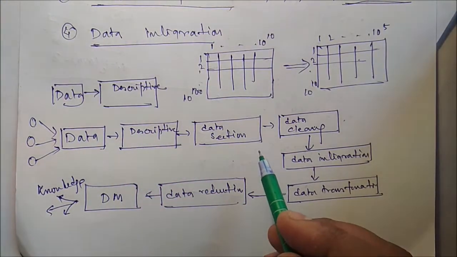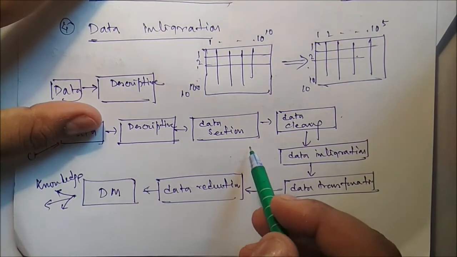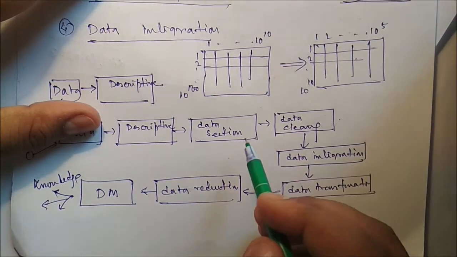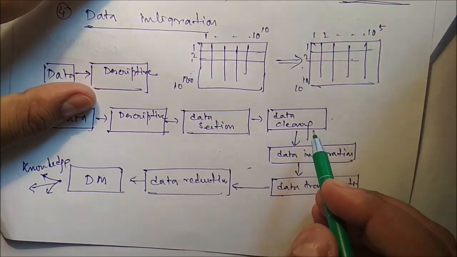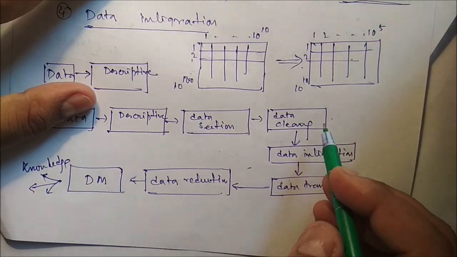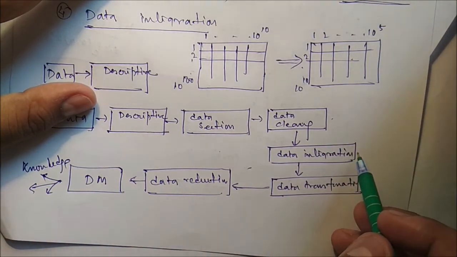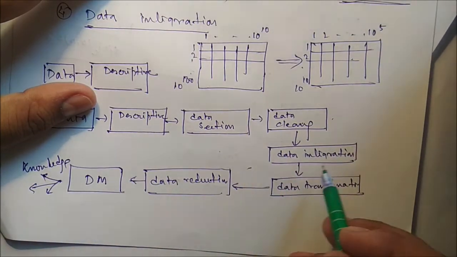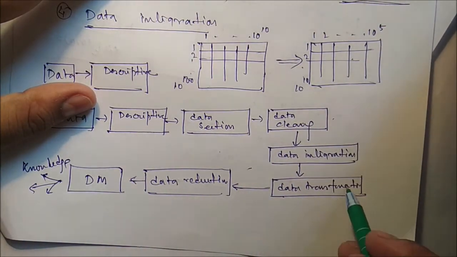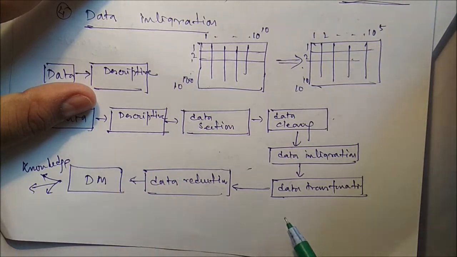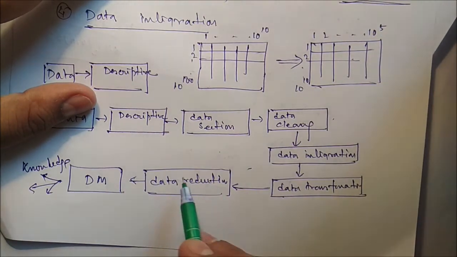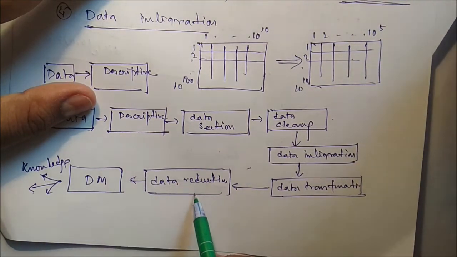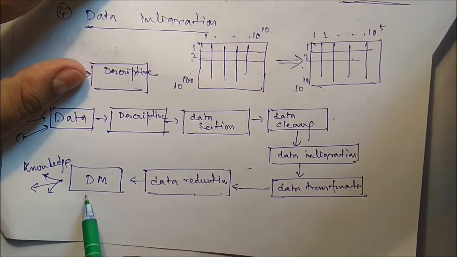After that we may apply data selection, appropriate for this particular data mining. After that data cleaning may apply, removing noise and outliers, and then data integration so the format is consistent. After that data transformation, converting according to our requirement. And then we may apply data reduction. We may reduce the size, and we may apply data mining.